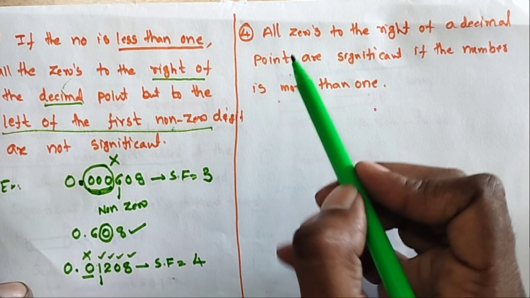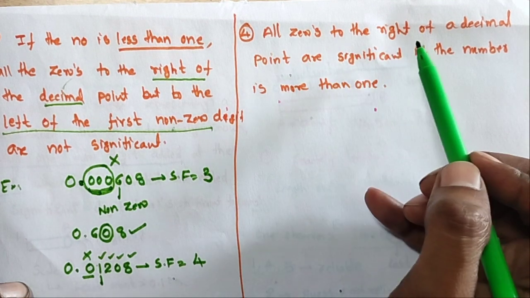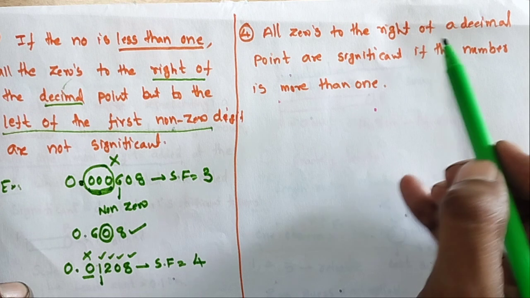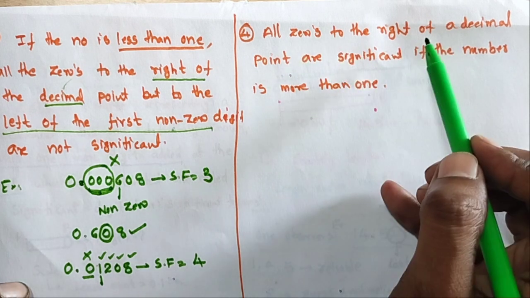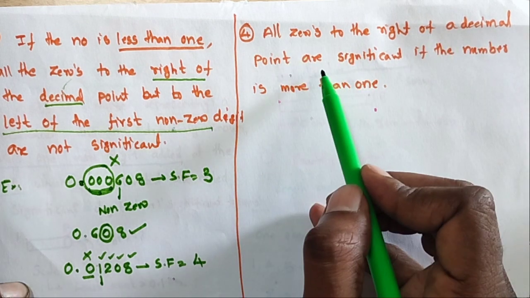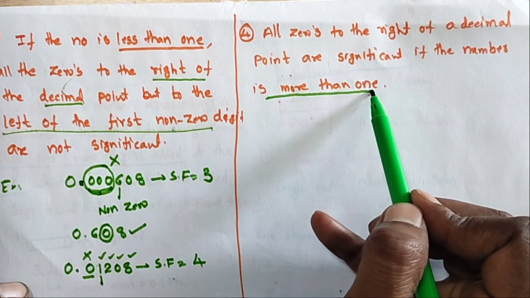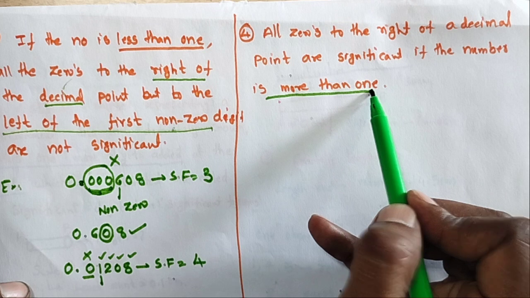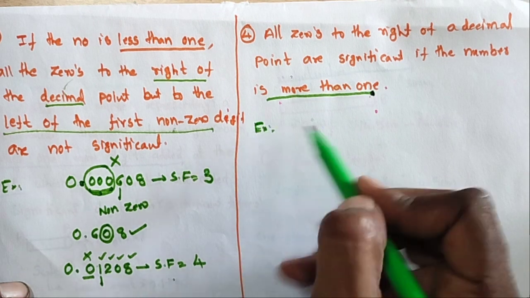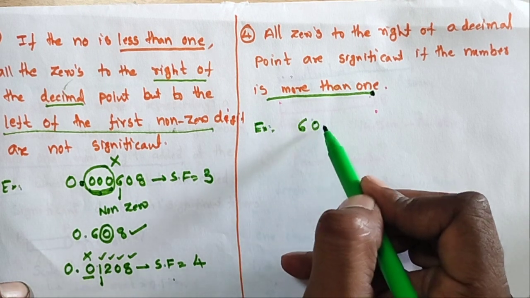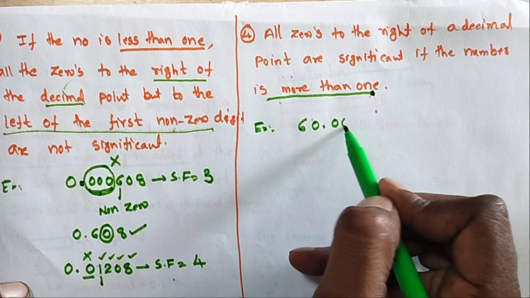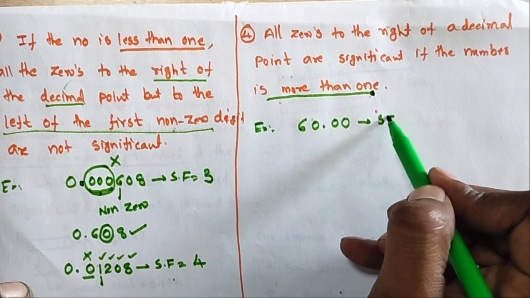Rule number 4. All zeros to the right of the decimal point are significant if the number is more than 1. For example, here I am taking 60.00. What is the significant figure?